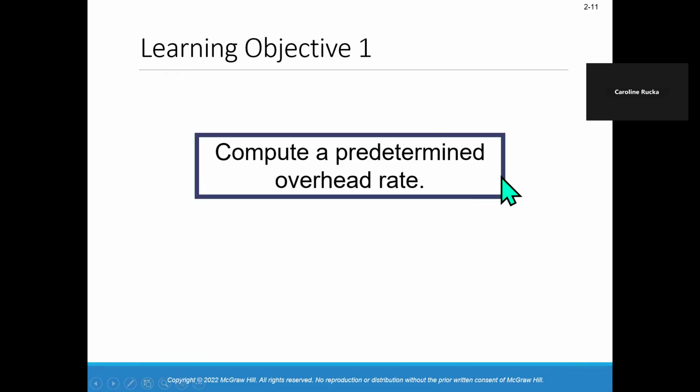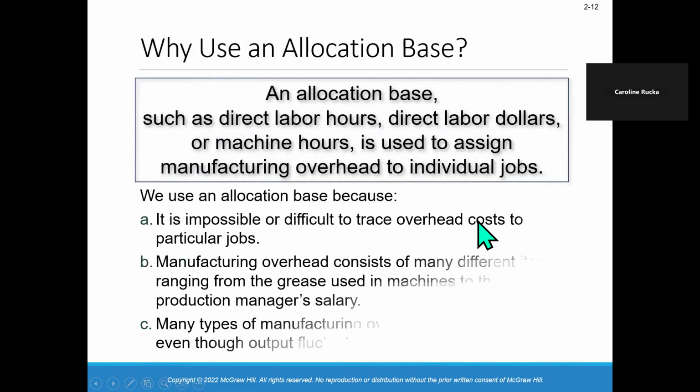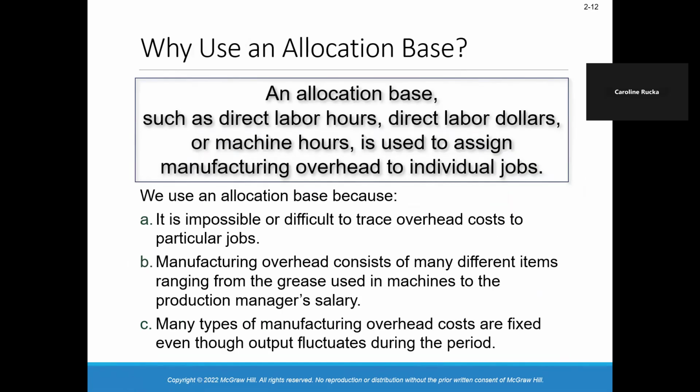Last, we're going to spread out our overhead. Okay, this is the only part that's slightly complex. So first we have to choose an allocation base. Remember when we talked in chapter 1 about cost drivers, okay, what it is that's driving this cost?